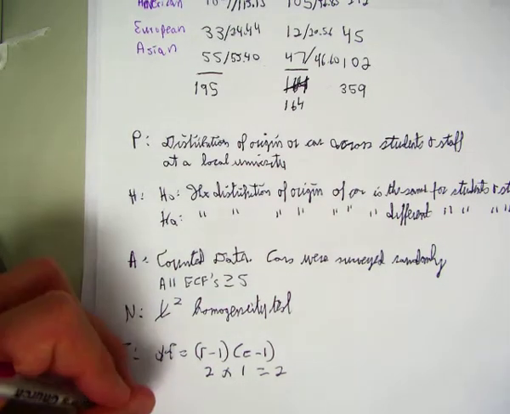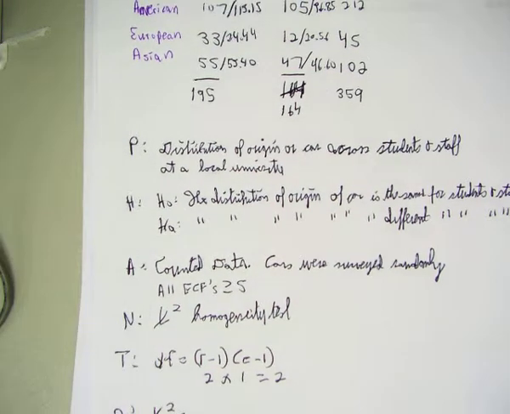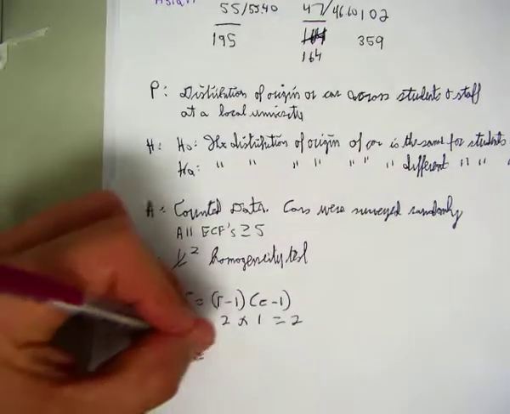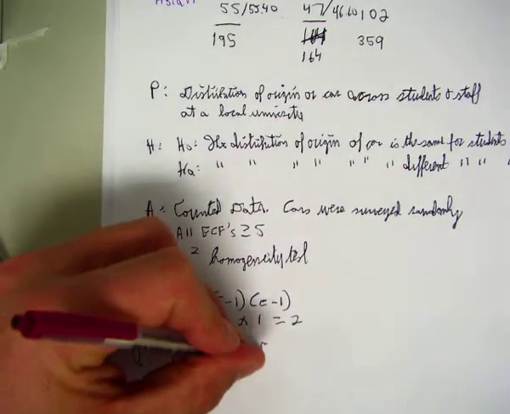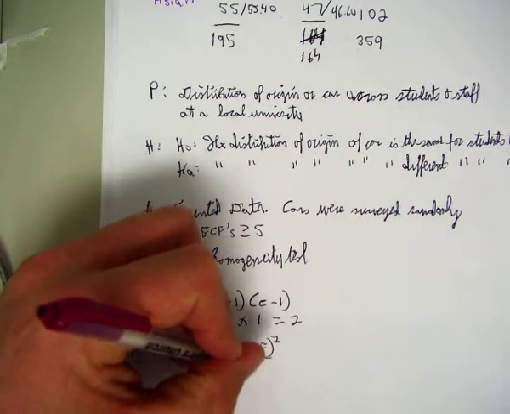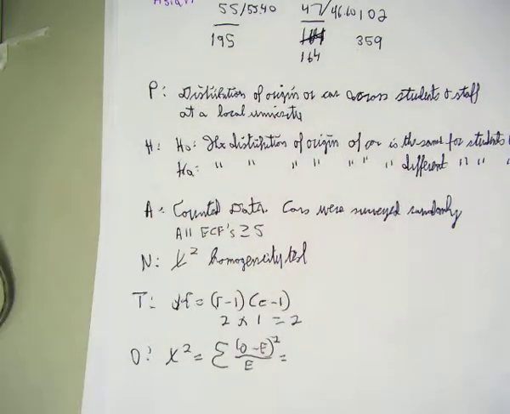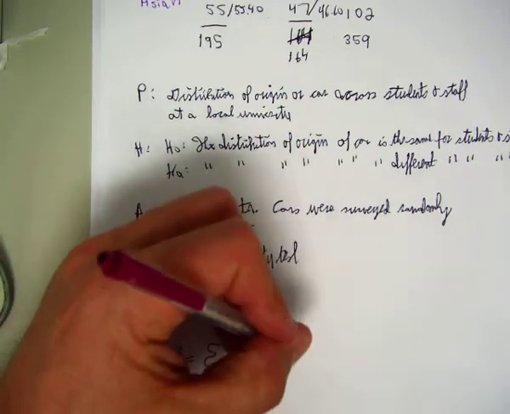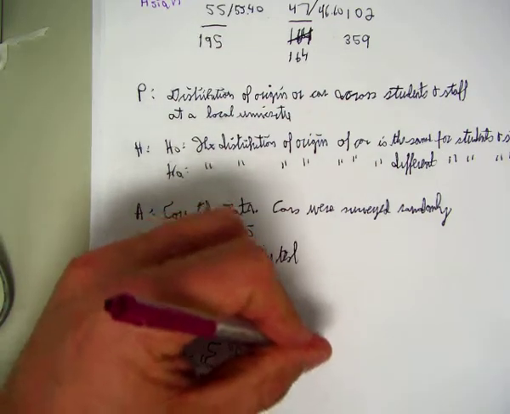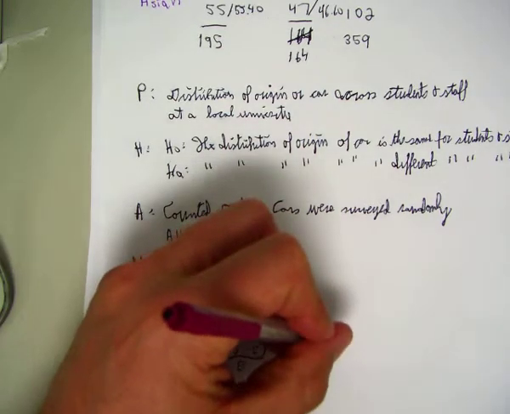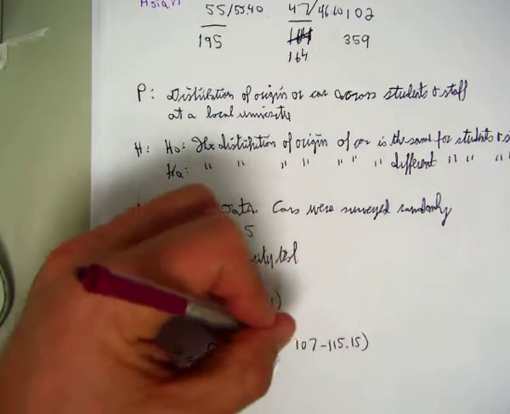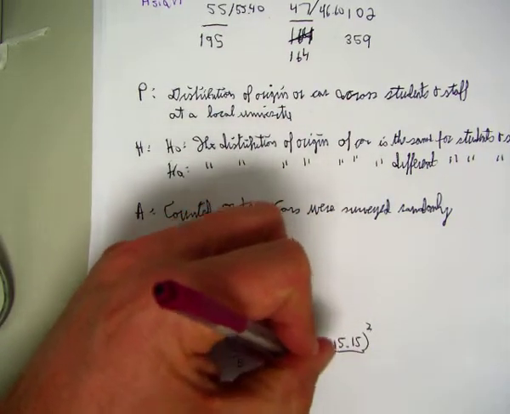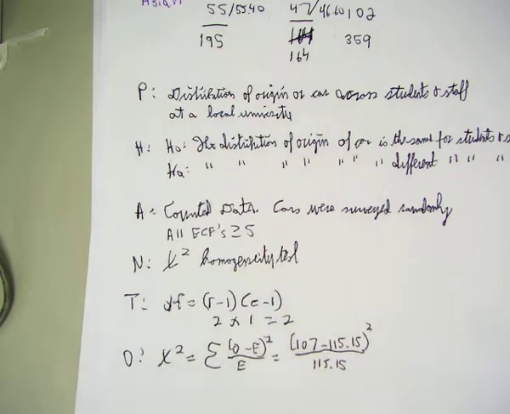Obtain P. So chi-squared equals the sum of observed minus expected, quantity squared, over expected. So we're just going to show our work on here. For American students, we have 107 observed minus 115.15 expected, quantity squared, divided by 115.15.